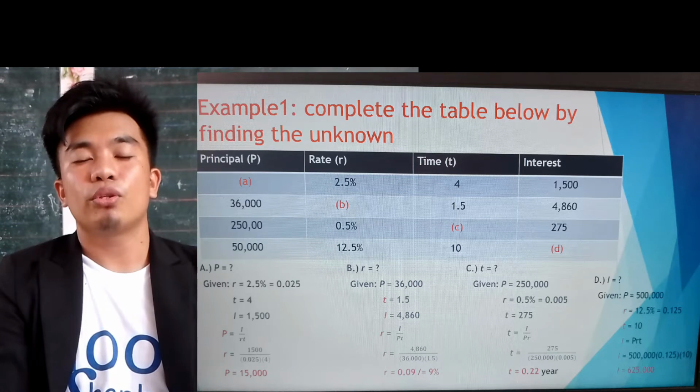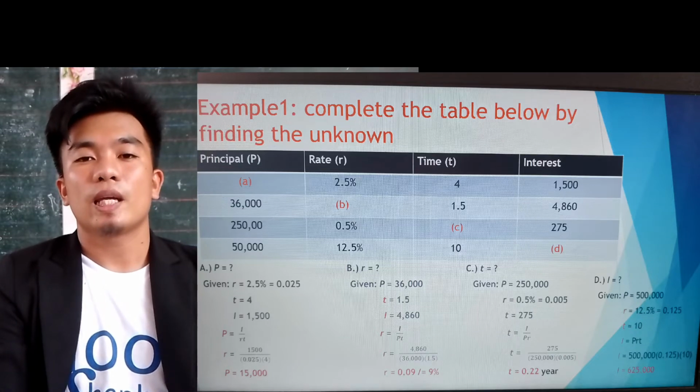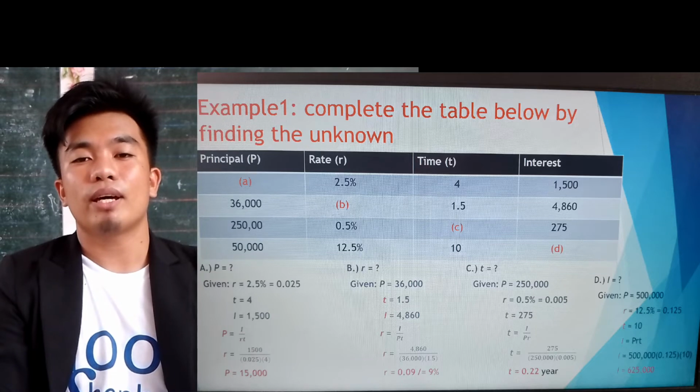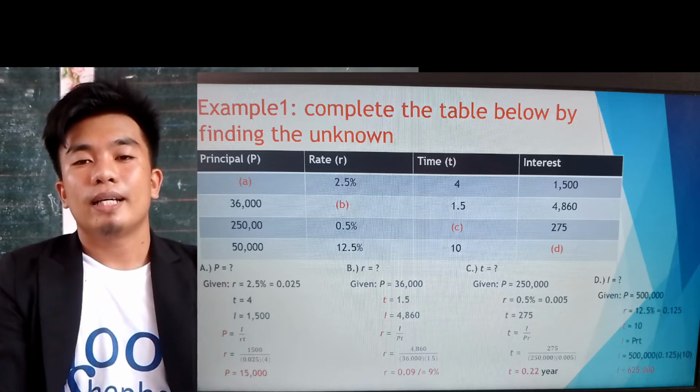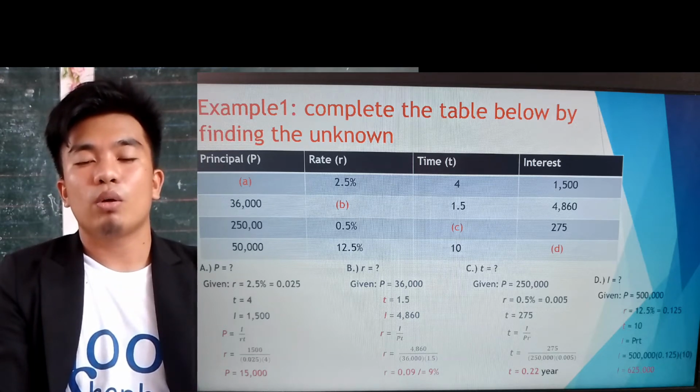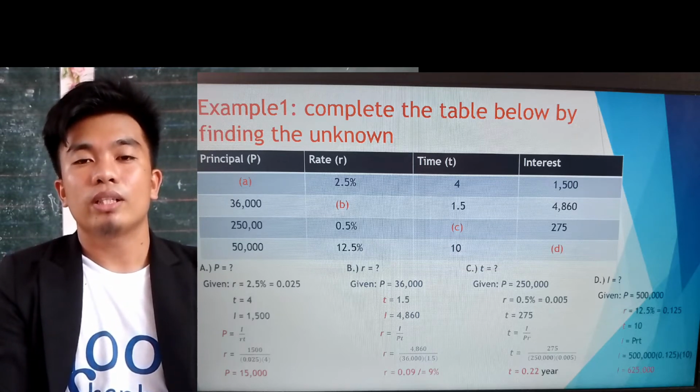The formula we can use to find the interest is P times R times T. We multiply all of them, the principal, rate, and time, and the total is 625,000. That is our interest.